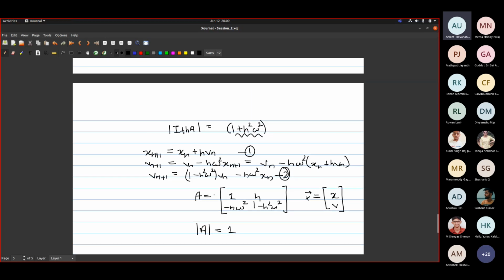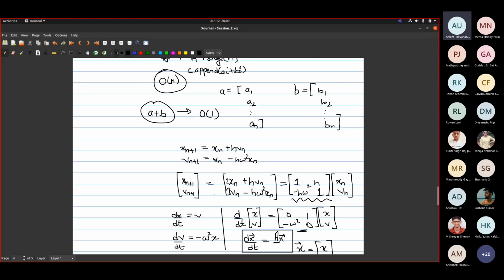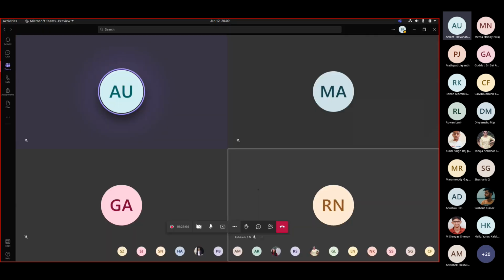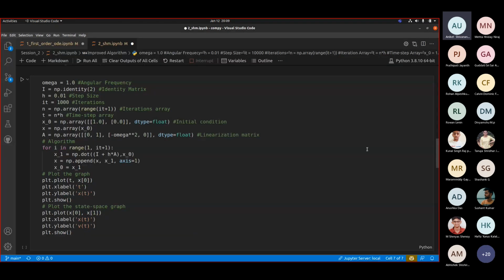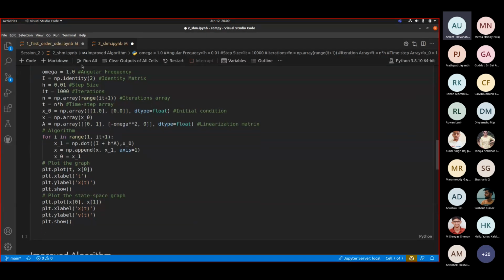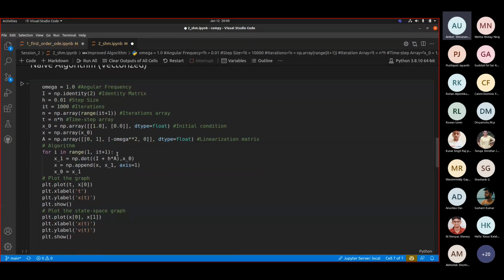Now coming back to vectorization. Since we have vectorized it like this, this is the vectorized naive algorithm, and everything else is the same. Here, rather than having x and v as different arrays, I've given initial conditions to both in one array.